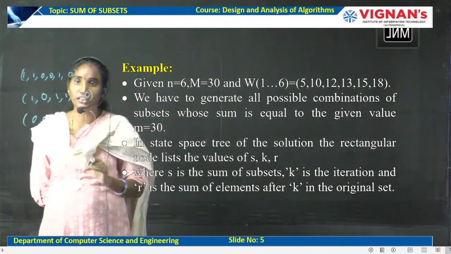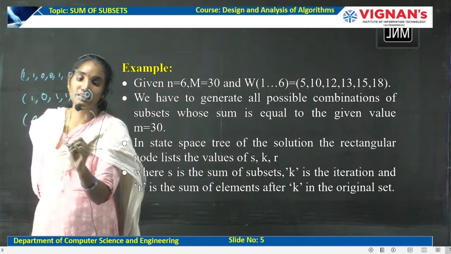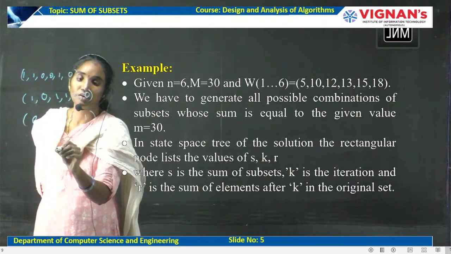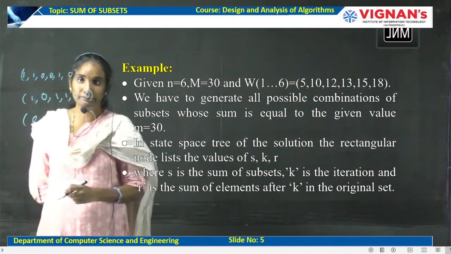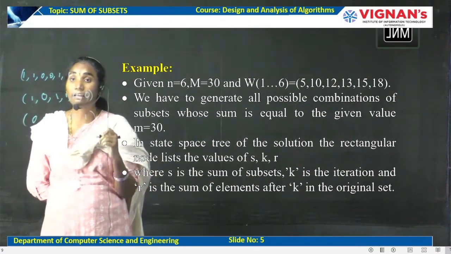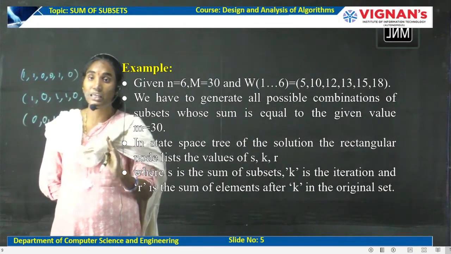Here initially you'll be having a root node. So the root node has s comma k comma r. Right? So here all the nodes I'm representing with a rectangle, where these rectangular nodes have 3 values, which are s, k, r.